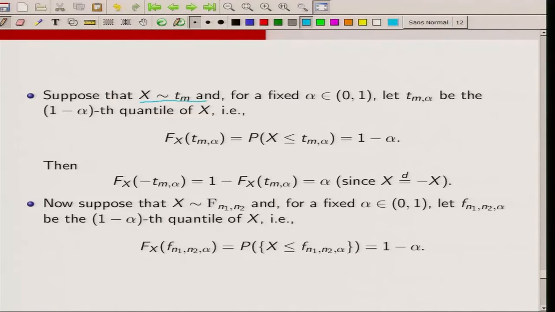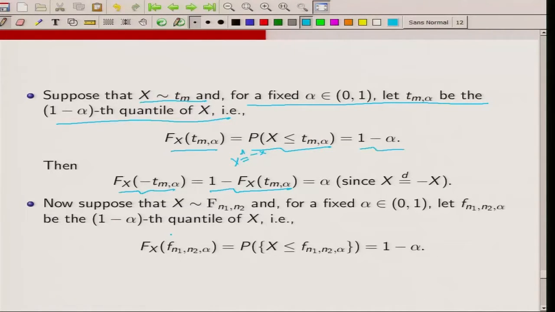Let us talk about quantiles of T distribution. So, suppose x has T on m degrees of freedom. For a fixed alpha belonging to 0 1, let Tm alpha be 1 minus alpha's quantile of x. That means Fx of Tm alpha, which is probability x less than or equal to Tm alpha, is 1 minus alpha. Then, since the distribution of x is symmetric about 0, Fx of minus Tm alpha would be same as 1 minus Fx of Tm alpha, because x has same distribution as minus x, which is same as alpha.